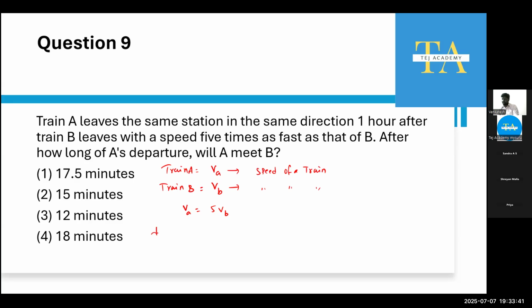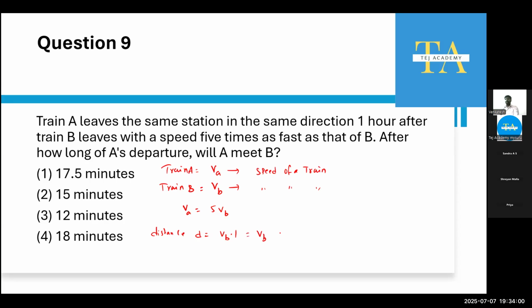So to calculate the distance D, the speed is VB, so distance is equal to speed into time, VB into 1, which is equal to VB.